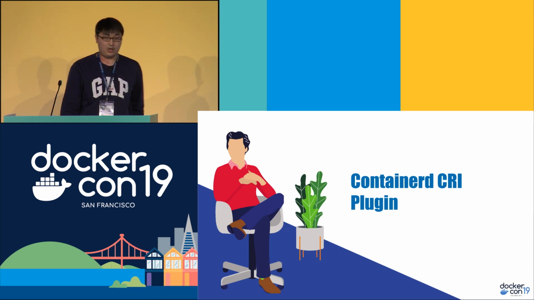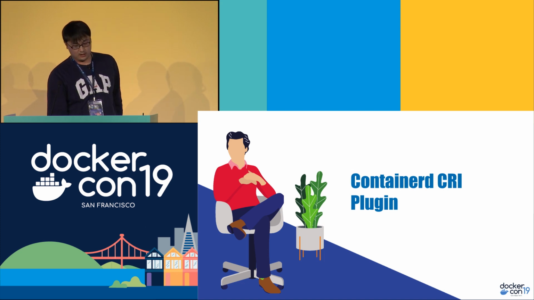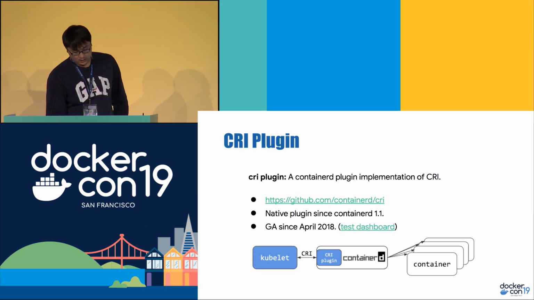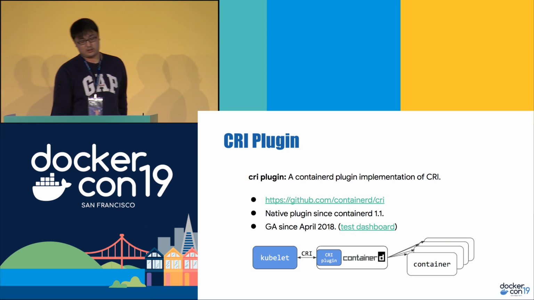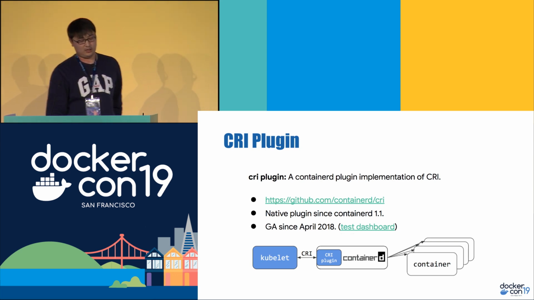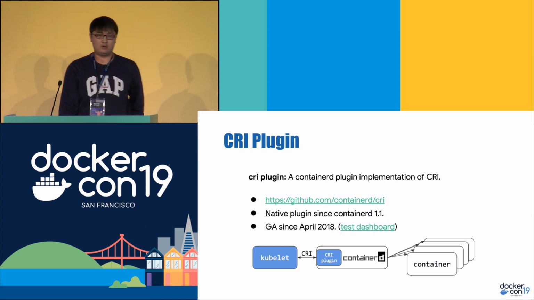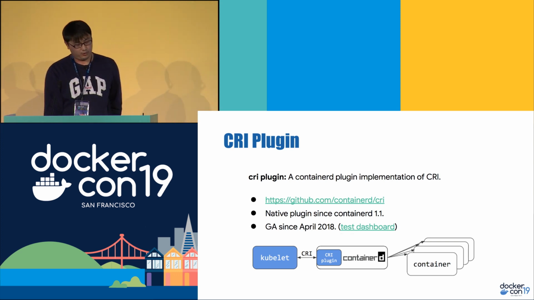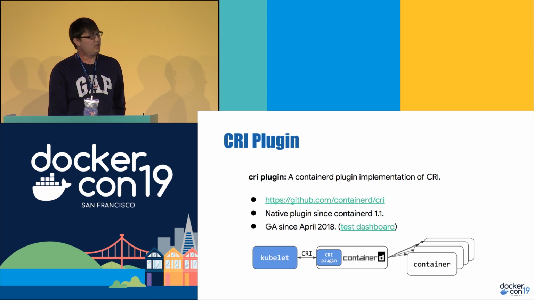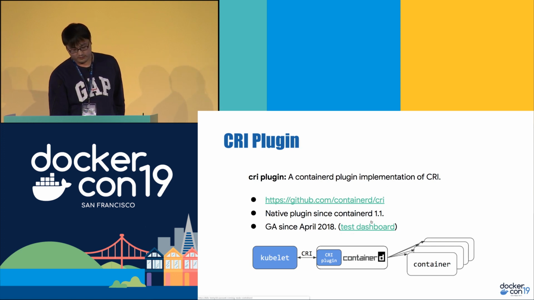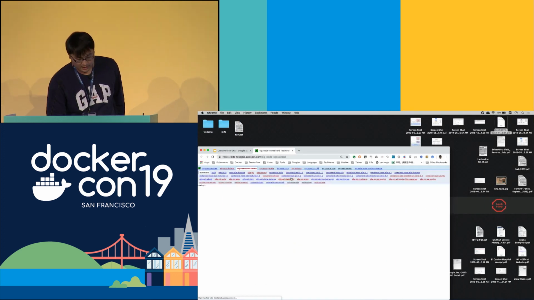Then let's talk about how Containerd is integrated with Kubernetes, and it's through the CRI plugin. CRI is implemented in Containerd as a native plugin, built in since Containerd 1.1, and it has been GA since April last year, and we have massive test coverage in Kubernetes upstream.